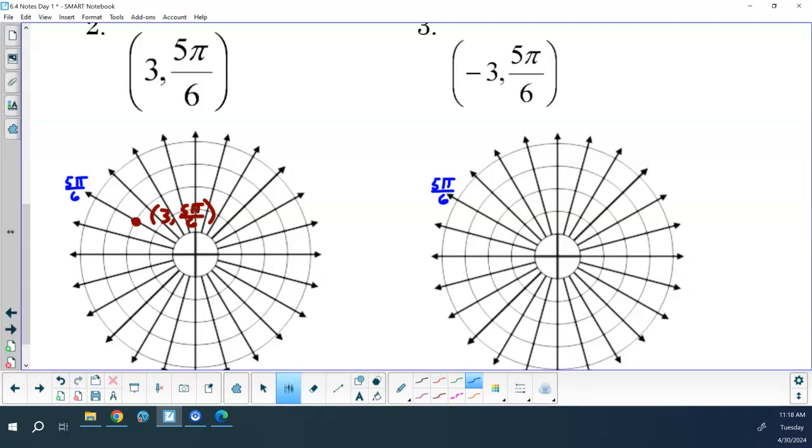But now instead of going positive 3, I'm going to go back through the pole and I'm going to go negative 3. 1, 2, and 3 right there. If I were to connect these 2 rays through the pole, they would be on the same line. Okay? So this is the point negative 3 comma 5 pi over 6.